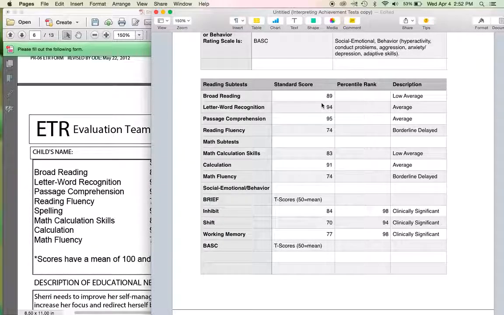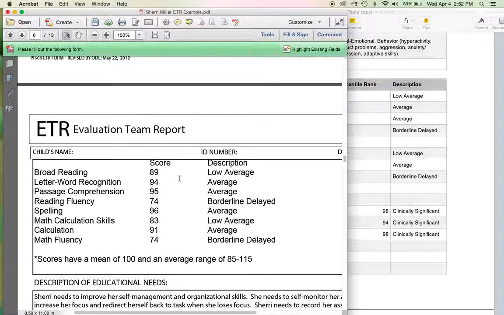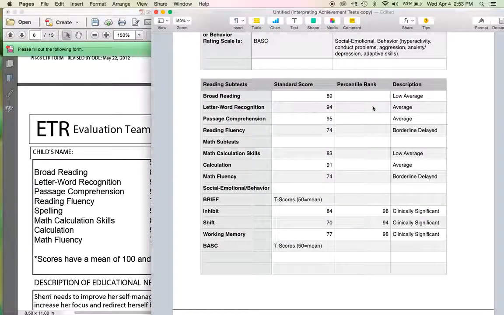So having given the KTEA and the Wyatt, you'll definitely have a good idea of what this looks like and what skills are measured. We also didn't get a percentile rank reported in this particular ETR. We just have standard scores and a description. So that's okay. You won't always get all of the information to fill in the entire chart, but just fill it in with what you have.